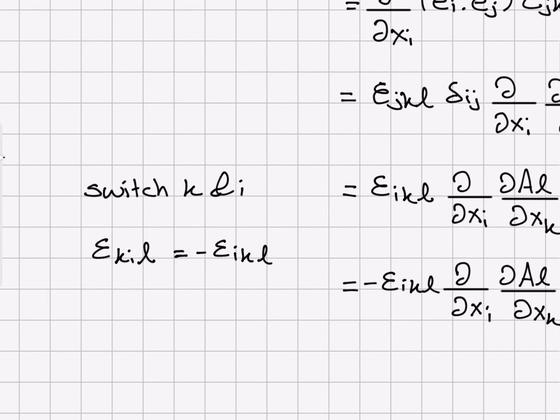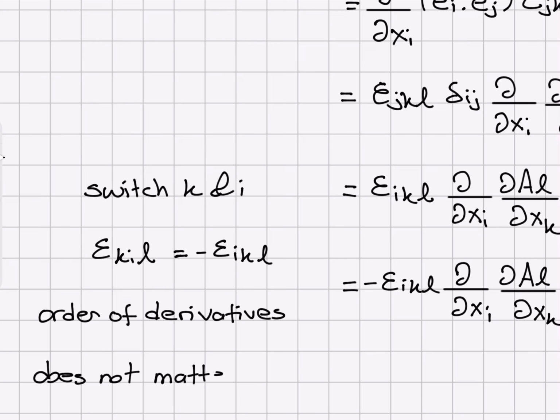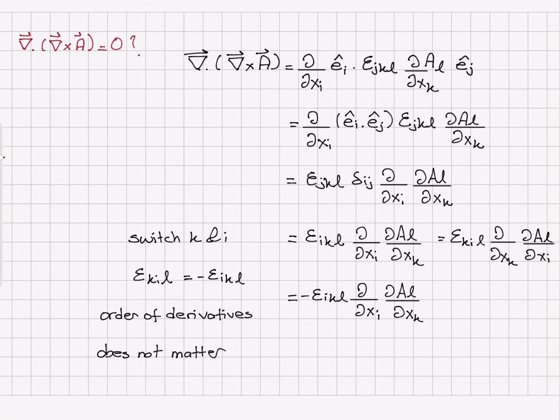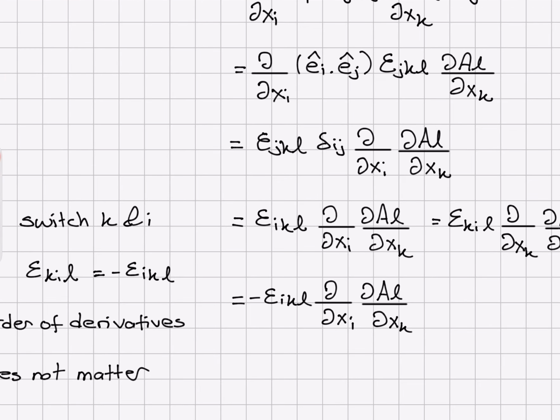So I can note here order of derivatives does not matter. Now I see that this value, epsilon ikl, partial derivative with respect to xi, partial derivative with respect to xk of al, is equal to minus of itself.